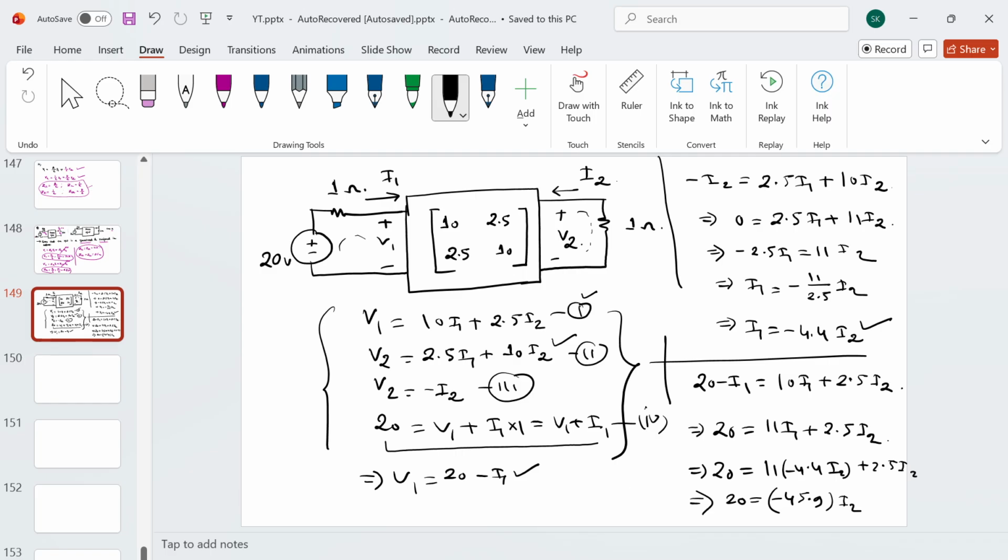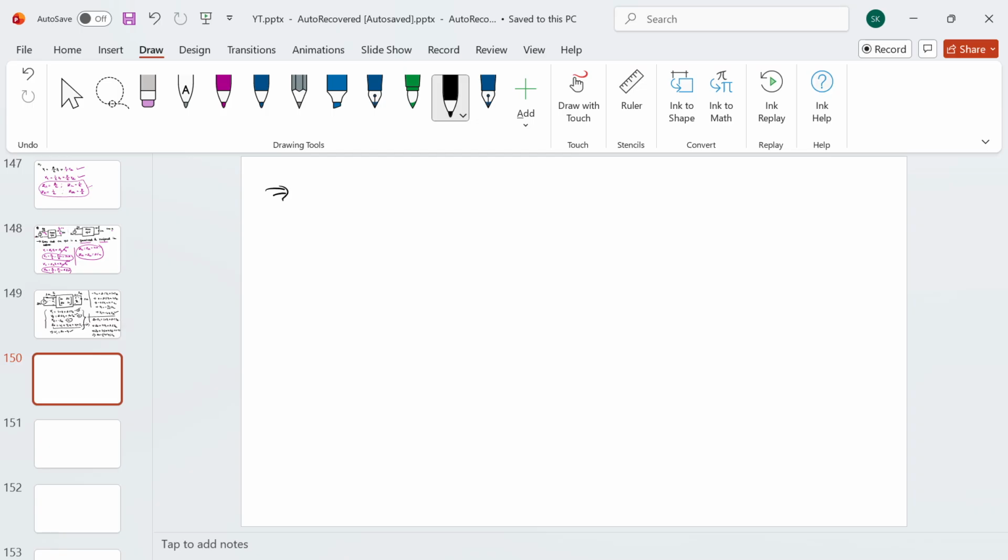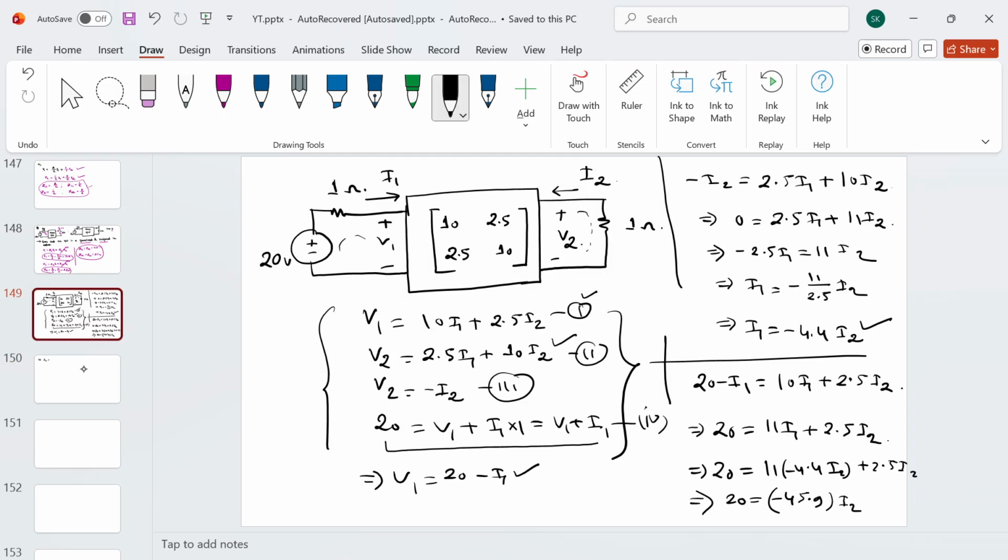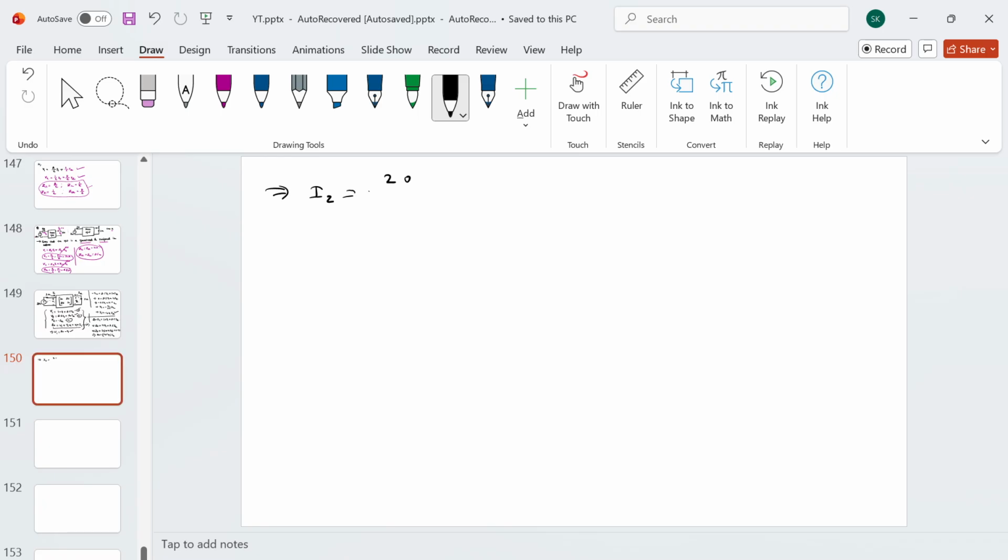So I2 equals 20 by minus 45.9, and so I2 will be minus 0.435 ampere.